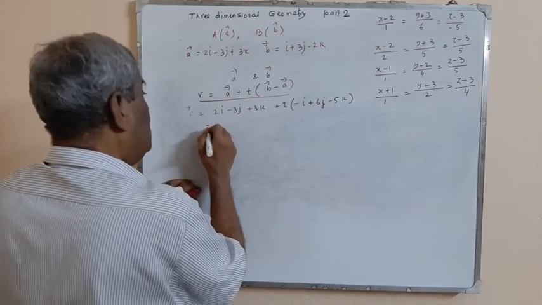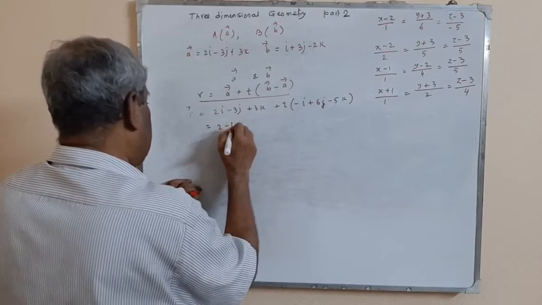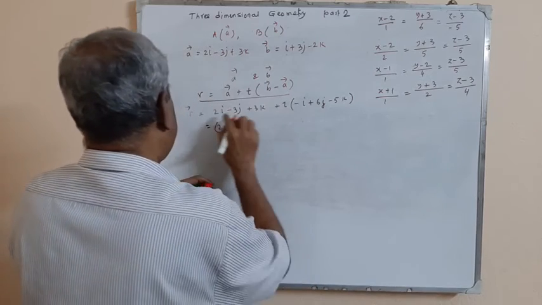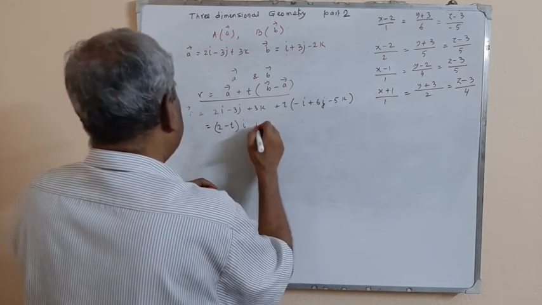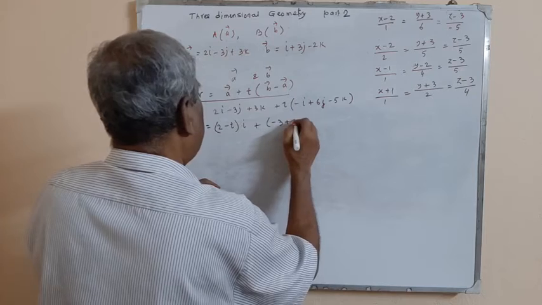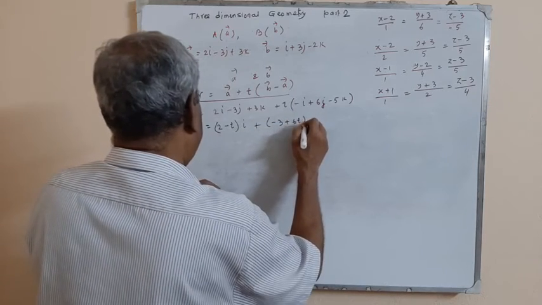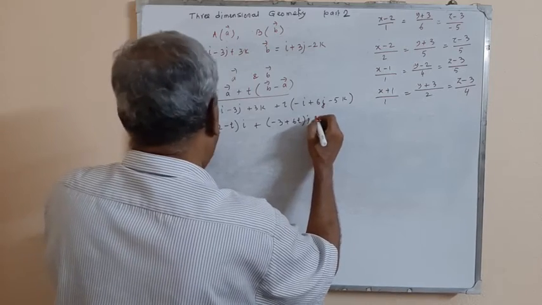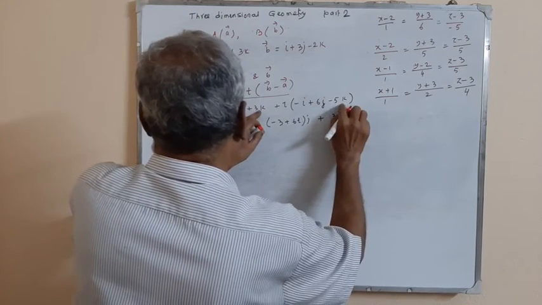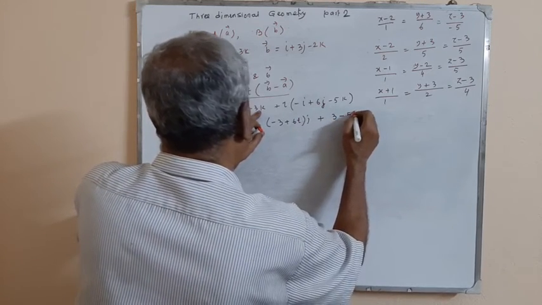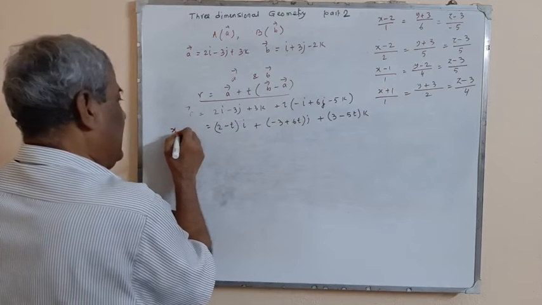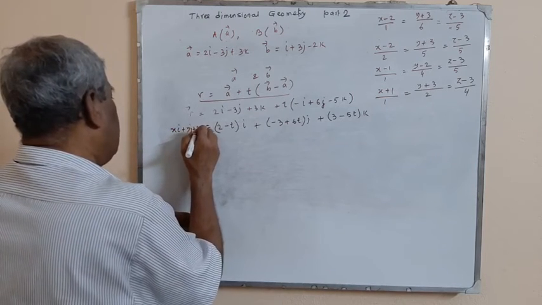That is, it is equal to (2 minus t) into i plus (minus 3 plus 6t) j plus (3 minus 5t) into k. r vector is equal to xi plus yj plus zk.